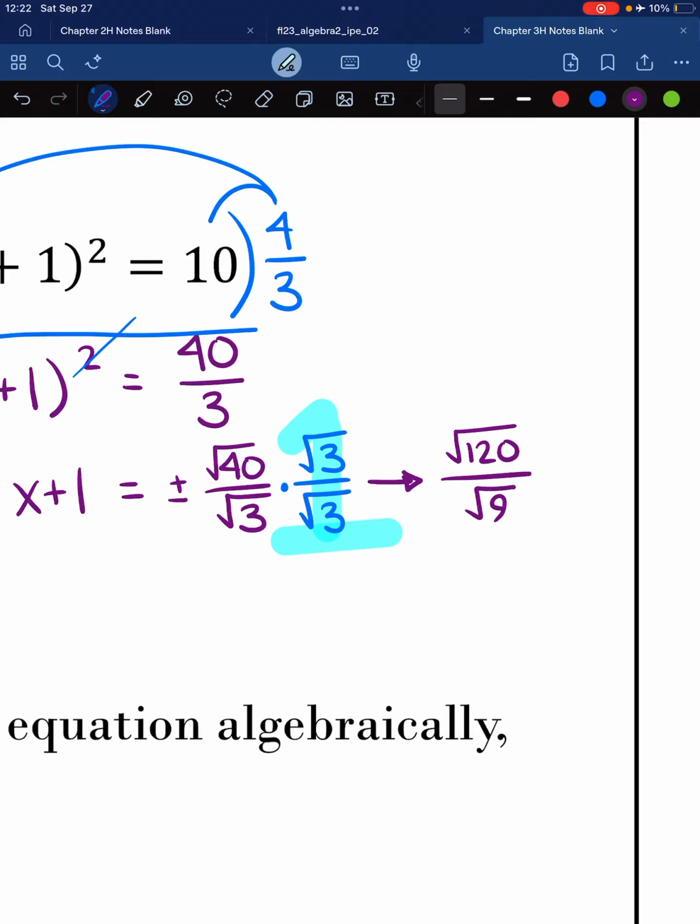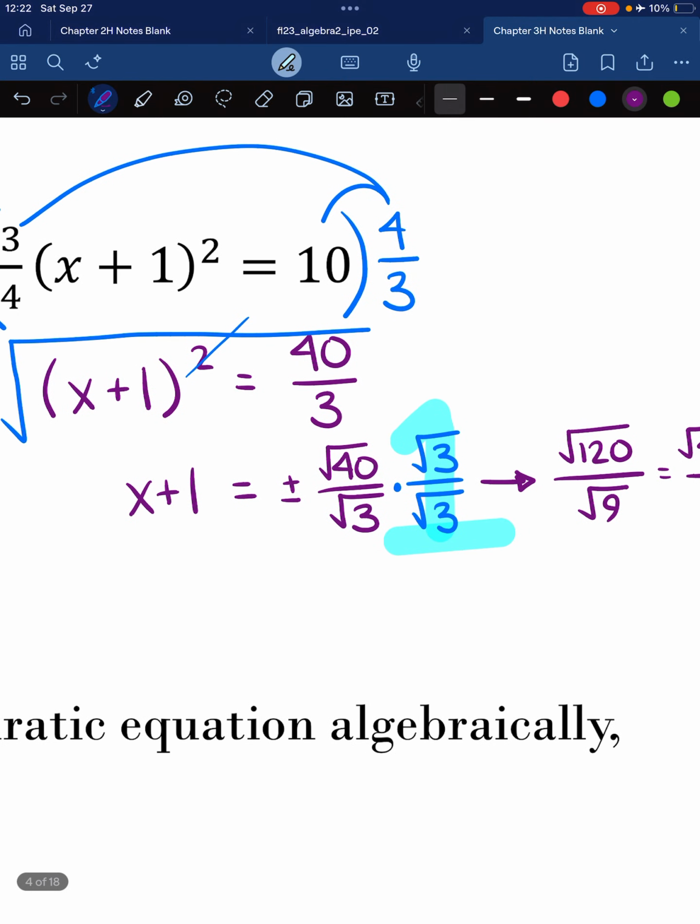Okay, and the square root of 120 is going to be, I think 4 is the biggest square that goes into it. 4 times 30? I don't think 30 has any perfect squares. 2 times 15, yeah. Over 3. Okay, so now I know how that square root simplifies. Okay, so I have x plus 1 equals, don't forget that positive or negative 2 root 30 over 3.